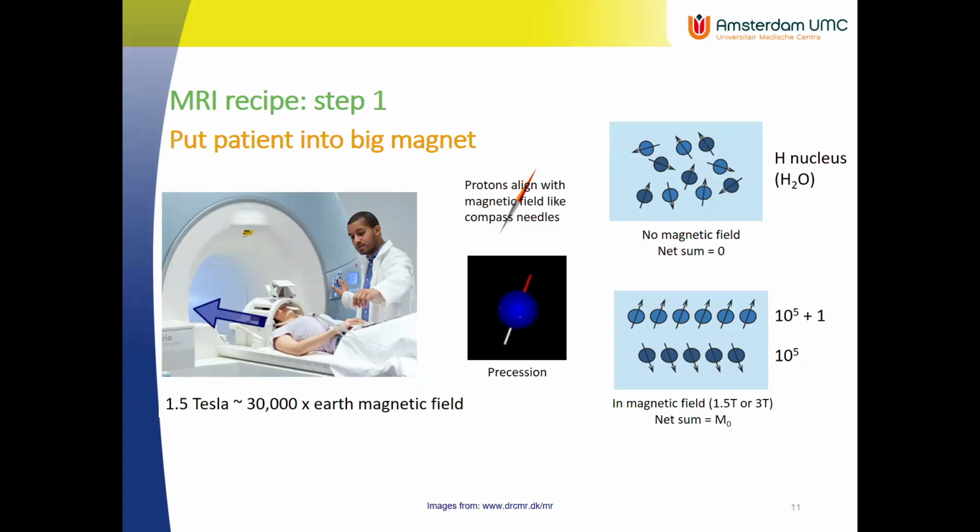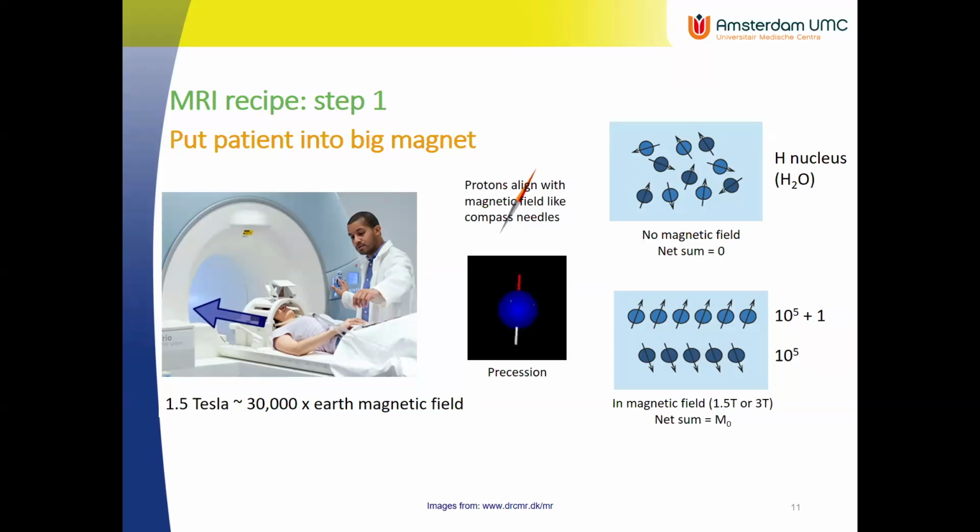Now, the alignment turns out to be rather weak. That's a quantum mechanics effect, so I'm not going to explain it. But there's a lot of energy at the atomic level, so there is a lot of chaos, so to say. I try to limit that chaos by applying the very strong magnetic field.